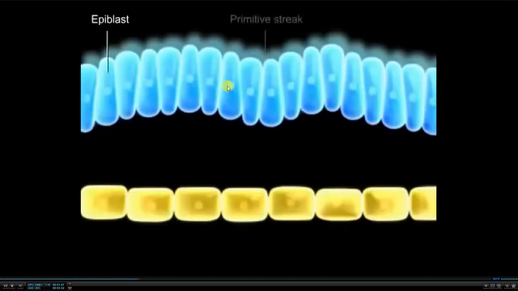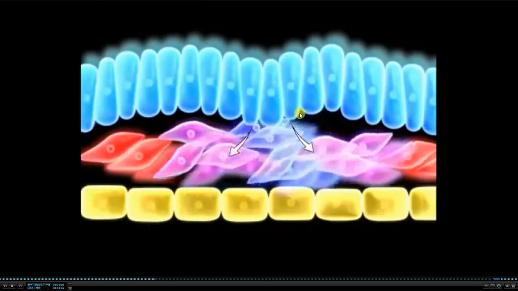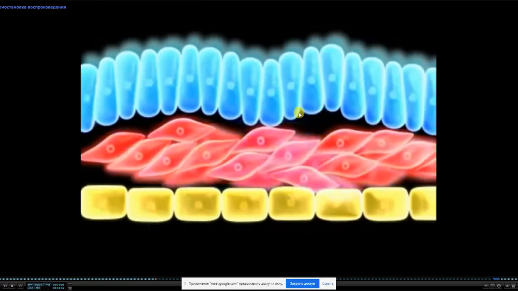Then the process continues. It leads to a process known as epithelial-mesenchymal transition. We already discussed it in cancer formation. Here you see typical epithelial cells. One cell is attached to another with the help of connexins, different categories, and they have a basement membrane. It forms a very strict arrangement of the cells.